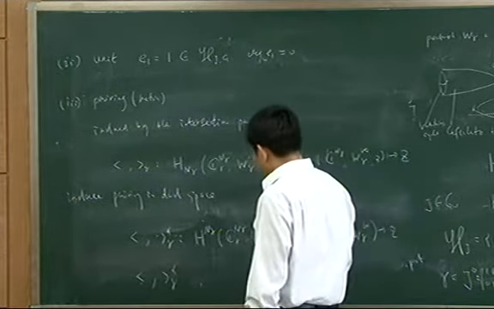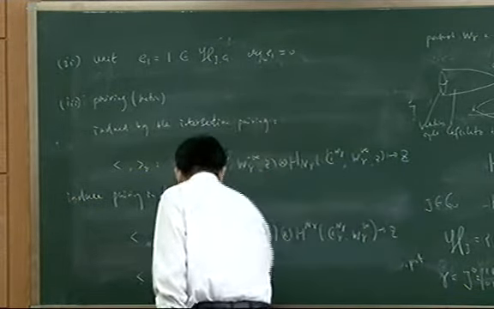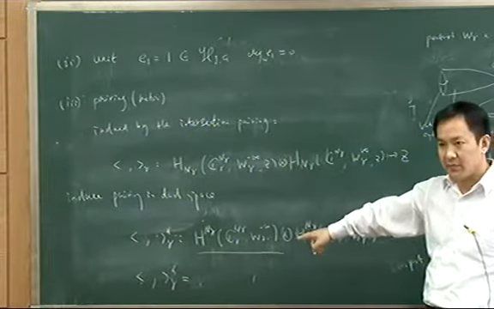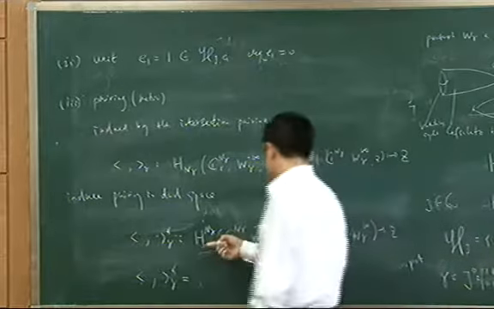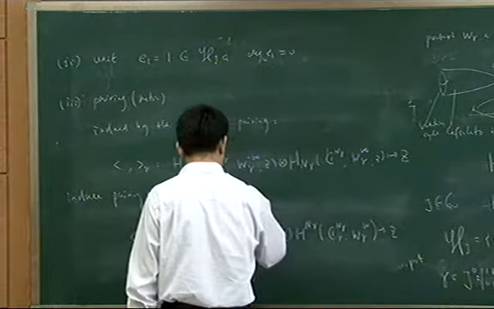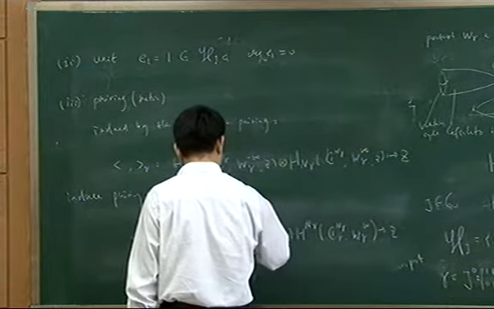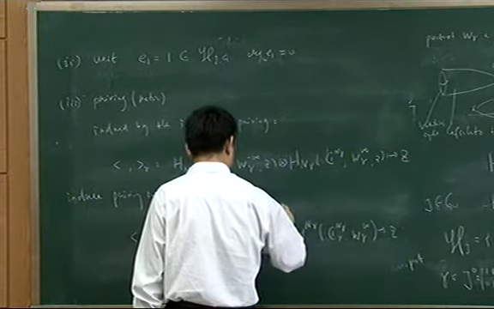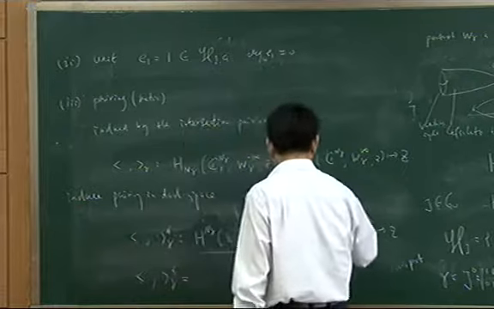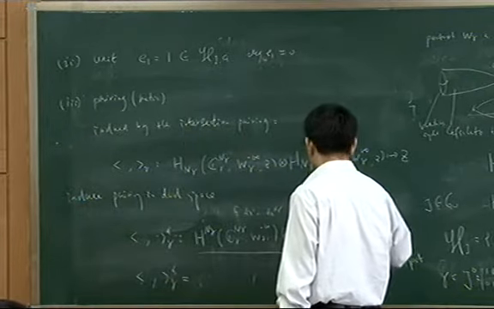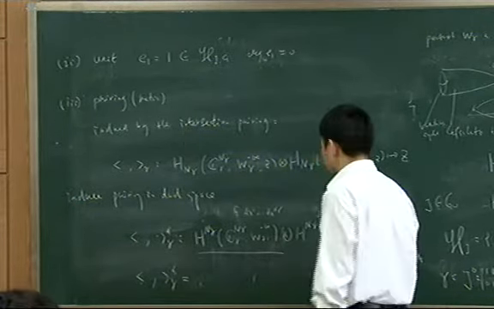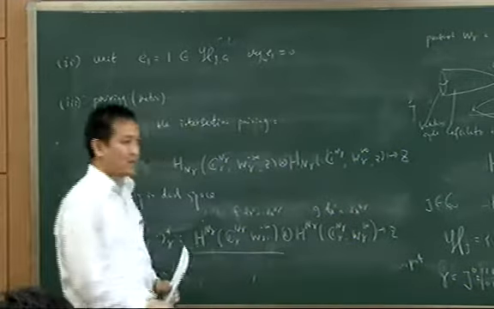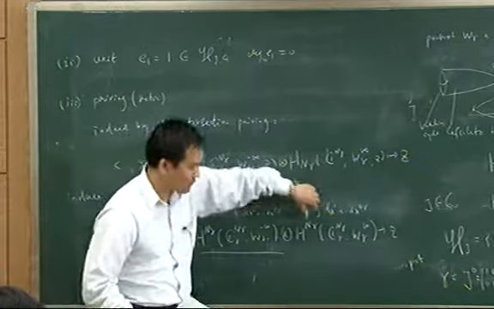One way is you can take a differential form in this space, for example f dx1 ... dxn and g dx1 ... dxn, and then define the pairing as the integration of the two forms.